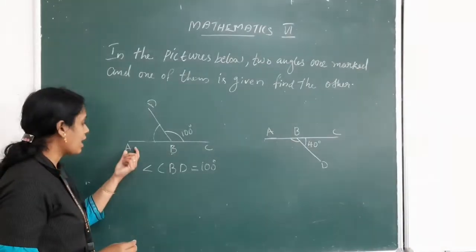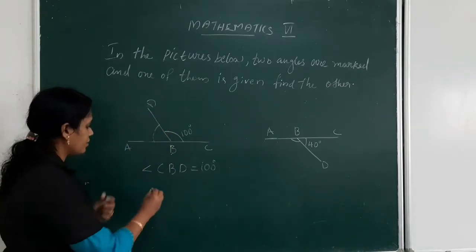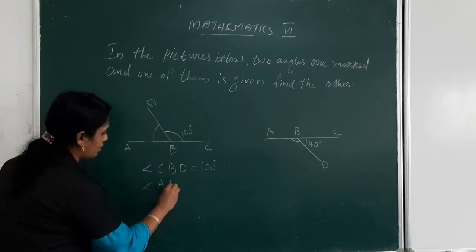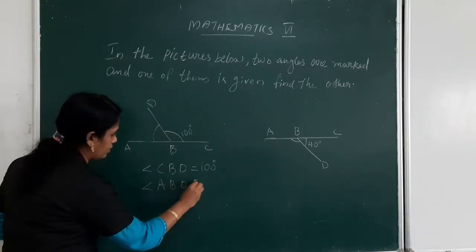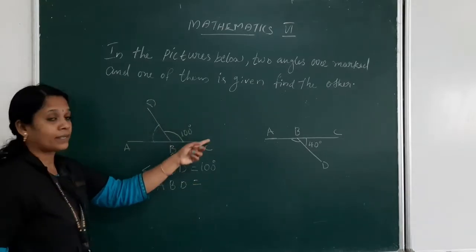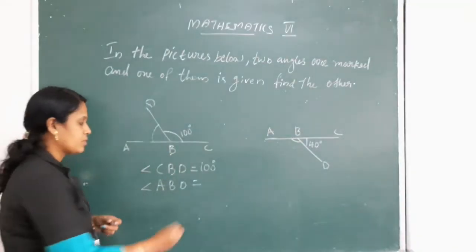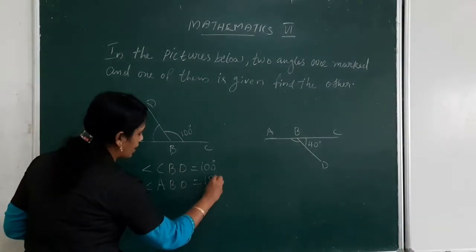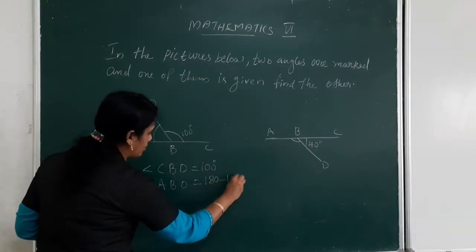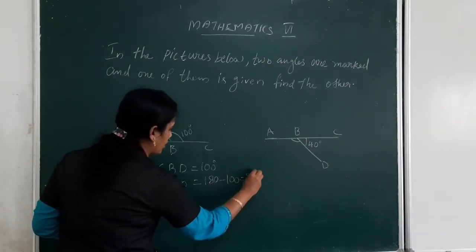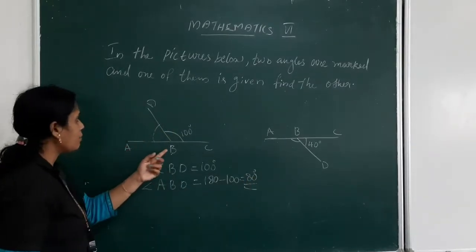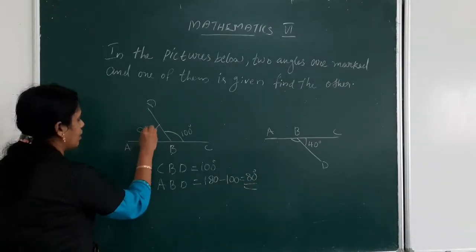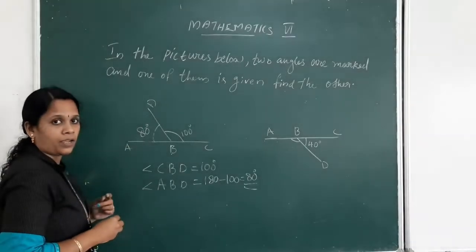So here we have to find out angle ABD. We know total 180 degree. So here 180 minus 100 is equal to 80 degree. So angle ABD 80 degree.